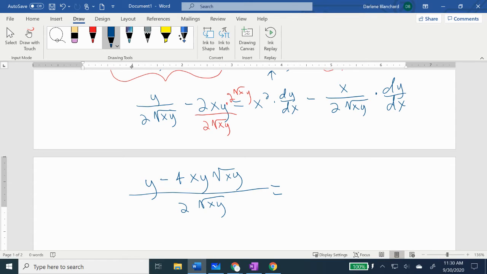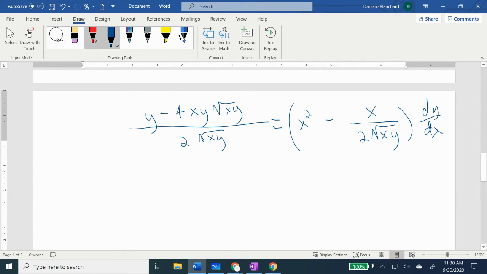On the right side, I'm going to factor out the dy dx. And that's going to leave me with an x squared minus x over that common denominator that I'm going to need to create. So I'm going to multiply and divide this x squared by 2 root xy.